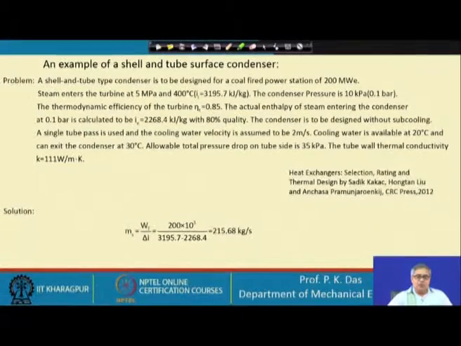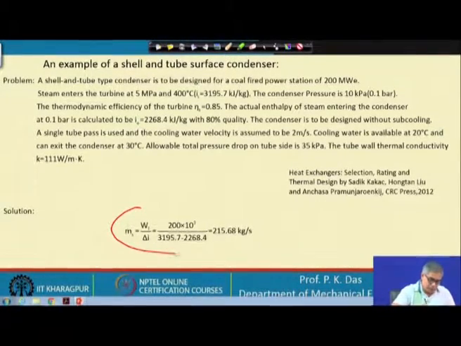So, 200 megawatt will be the work done, and we know the enthalpy of the steam entering the turbine and the enthalpy of steam leaving the turbine, and from there we can get the steam flow rate, that is 215.68 kg per second. So, this is the steam flow rate we are getting.